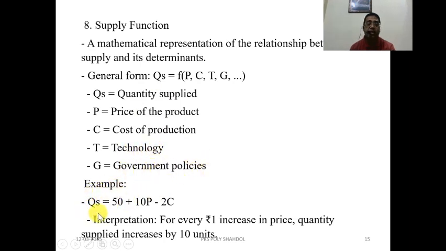Here also the equation is QS equals 50 plus 10P minus 2C, meaning this is negative, this is positive. Interpretation: for every 1 rupee increase in the price, the quantity supplied increases, because the plus sign is here, by 10 units.